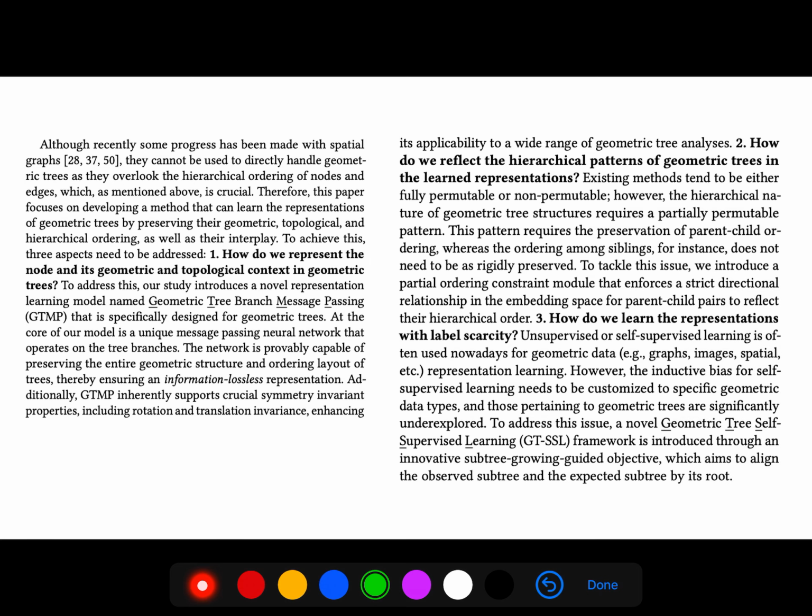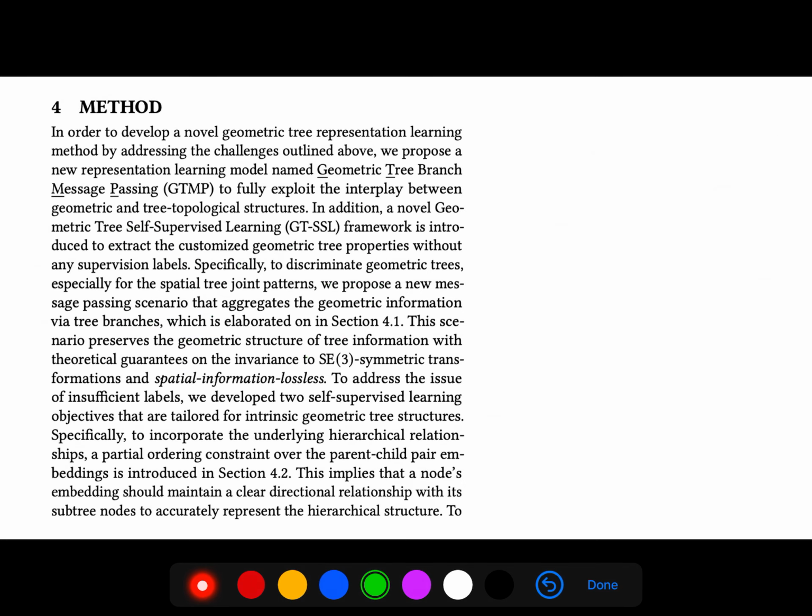So they talk about geometric tree branch message passing. To develop a novel geometric tree representation method by addressing the challenges outlined above, we propose a new representation learning model named Geometric Tree Branch Message Passing.